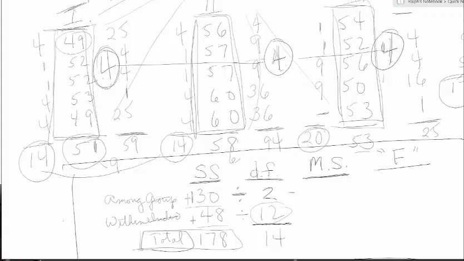Alright, so we have the sum of squares is 130 among groups or between groups, and we divide by 2 degrees of freedom to get to 65. And then we have 48 squared units of difference that are within, and then we divide that by the 12 degrees of freedom, and that gives you 4.